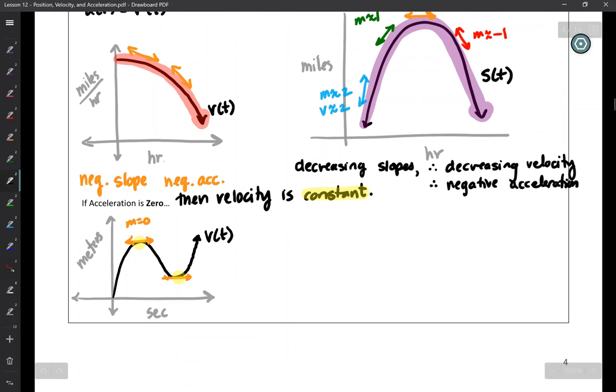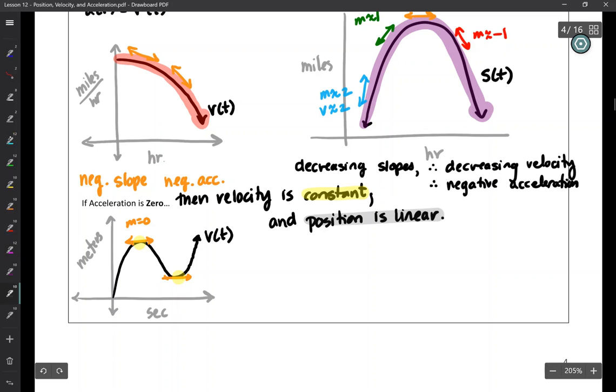And then lastly, if acceleration is 0, velocity is constant, and position has no concavity to it; your position function is linear. Position is linear. And that can be a line with any slope, including a slope of 0.